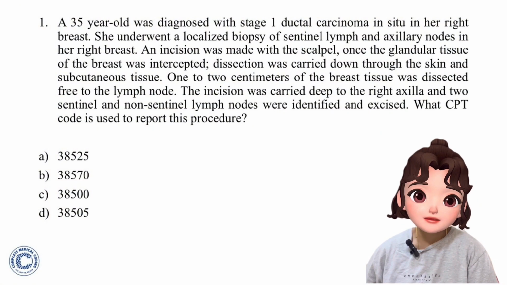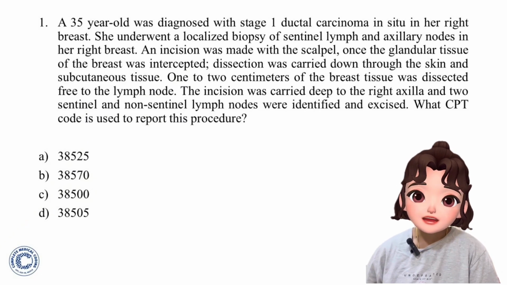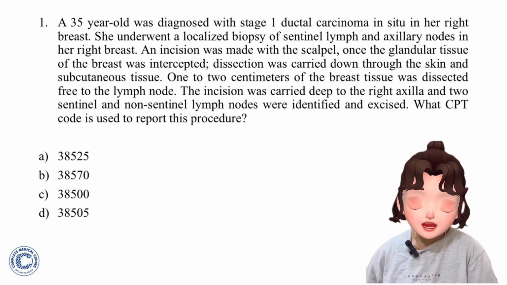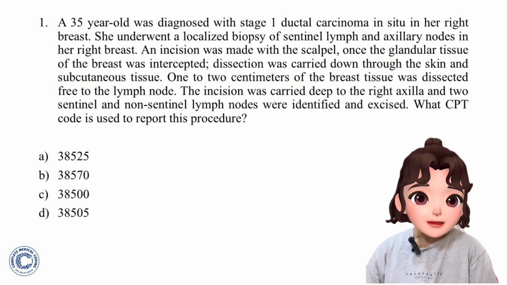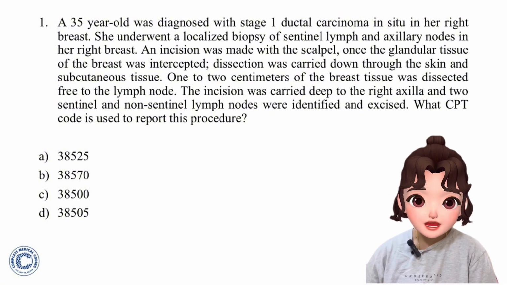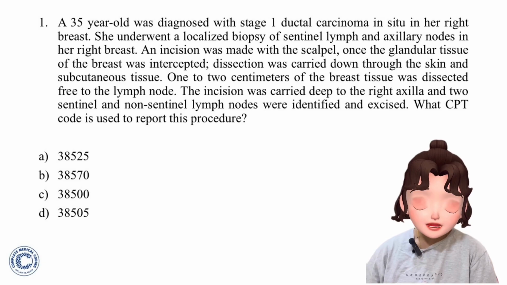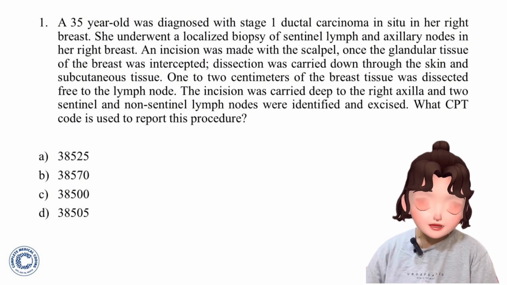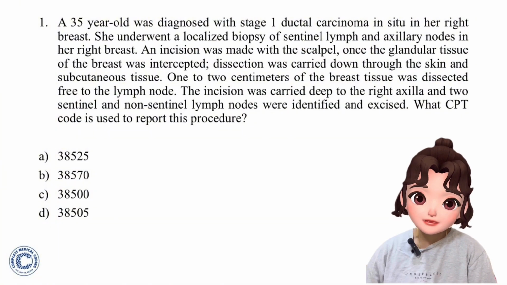But this is not a laparoscopic procedure. What is 38500? Option C, 38500, is biopsy or excision of lymph nodes, open, superficial. And option D, 38505, is biopsy or excision of lymph nodes by needle, superficial.